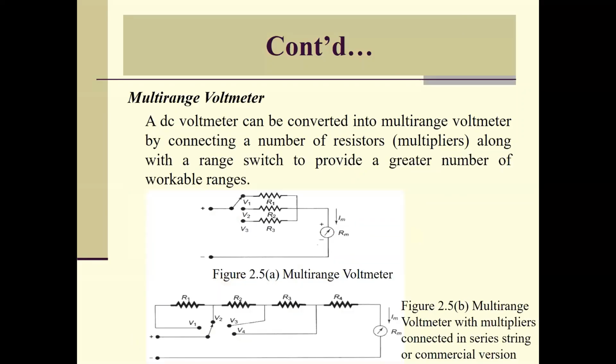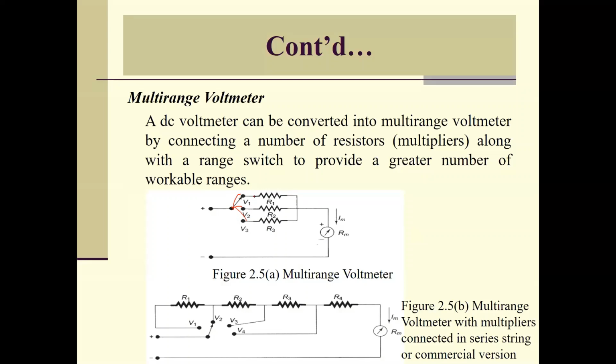Next is the multi-range voltmeter. It is similar to the DC ammeter, which uses the Ayrton shunt. Here we also use multi-range and the concept is similar. We have R1, R2, and R3. For example, we select R1, then R2, and then R3.